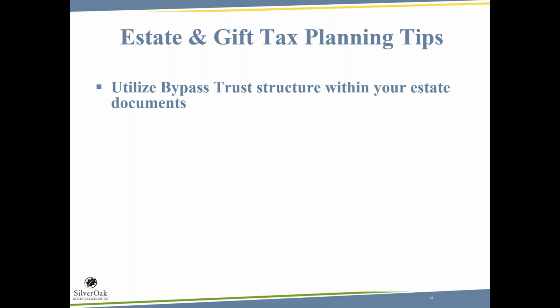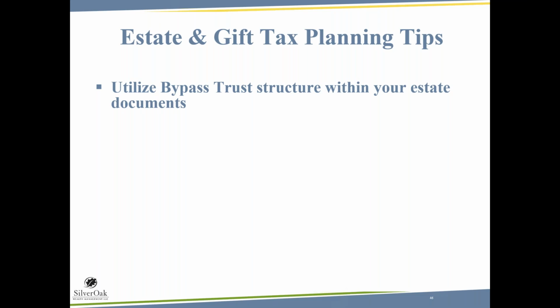Well, if the first spouse dies, gives all of their assets to their surviving spouse, there's actually no estate tax on that because we have an unlimited marital deduction. You can give your spouse as much as you want on your death. There's no estate tax. But now when your spouse dies, at least in Minnesota, the way it would work, the spouse dies, right? Now they have $4 million.